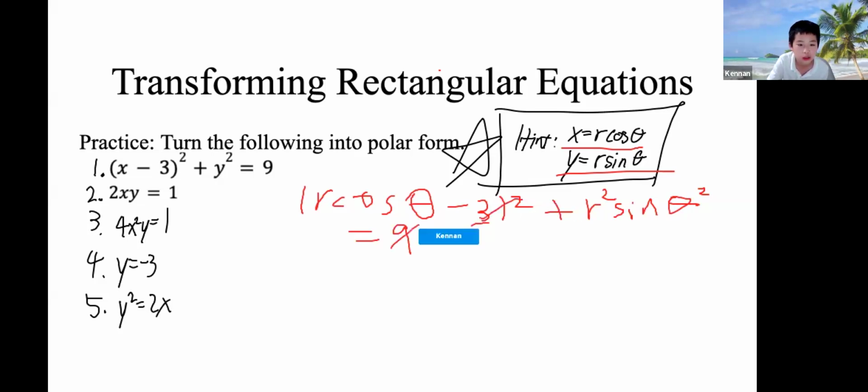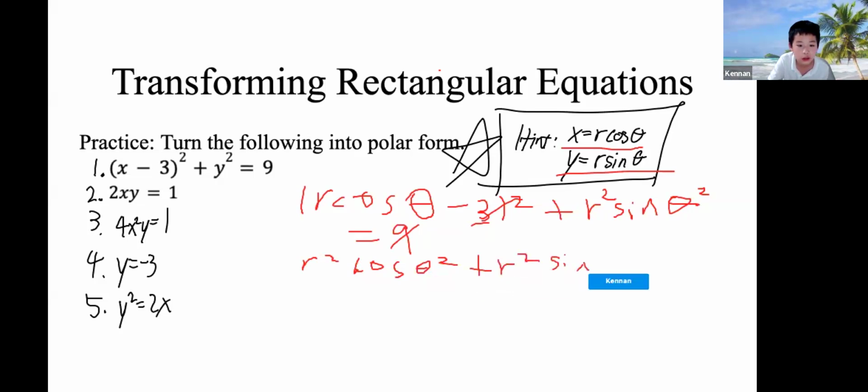So now we get r squared cosine theta squared plus r squared sine theta squared minus 6r cosine theta. This is 0. You know this is 0.